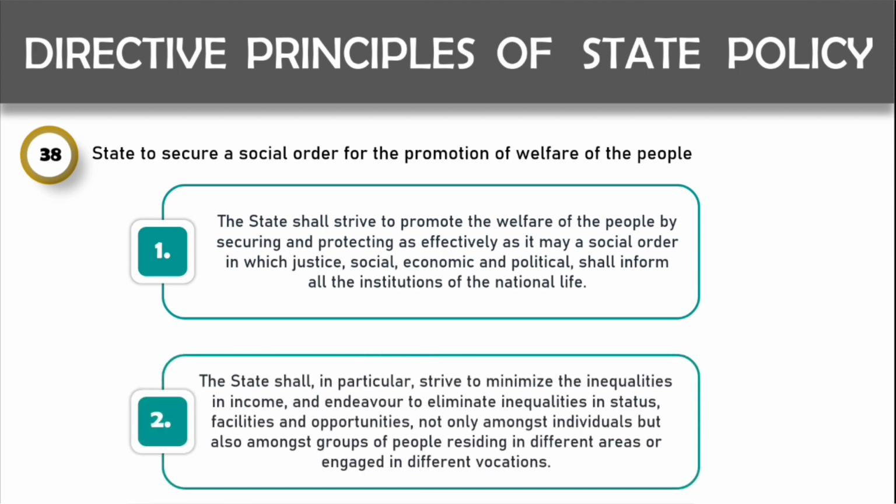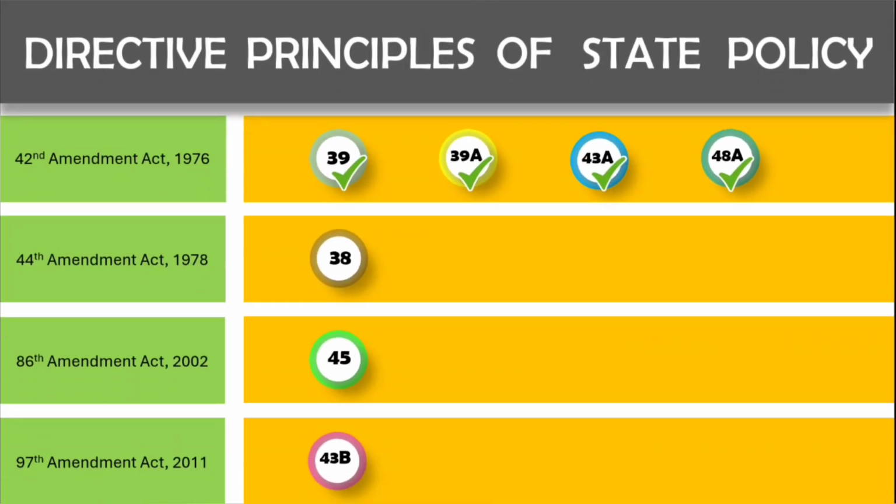In the existing provision, there was talk of providing social, economic, and political justice to the citizens. But by the 44th Amendment Act of 1978, another clause was added, in which 2 points were kept in focus: to minimize the inequalities in income and to eliminate inequalities in status, facilities and opportunities. So this is the amendment which was done by the 44th Amendment Act of 1978.